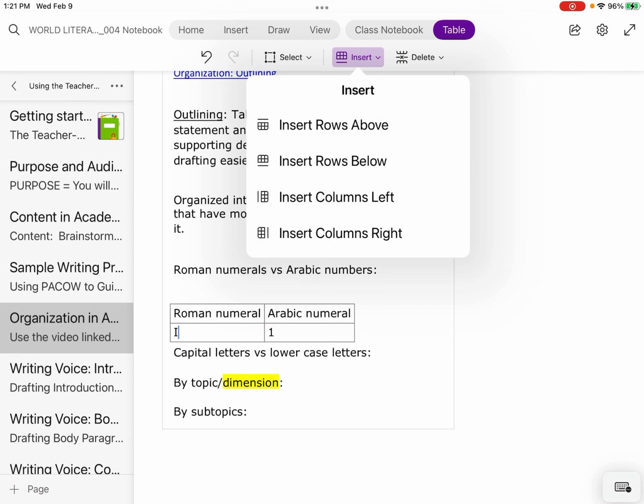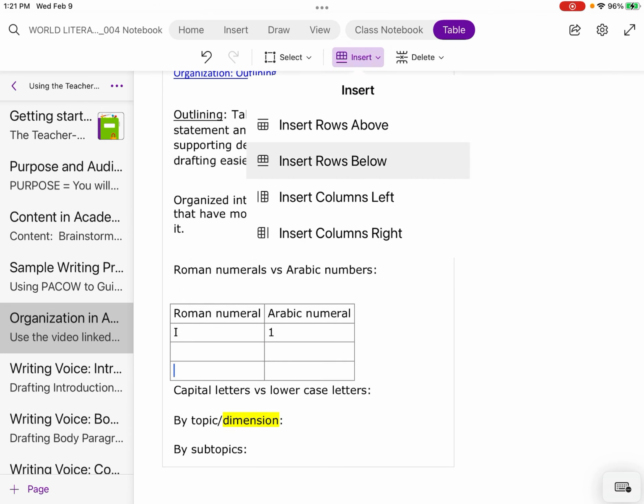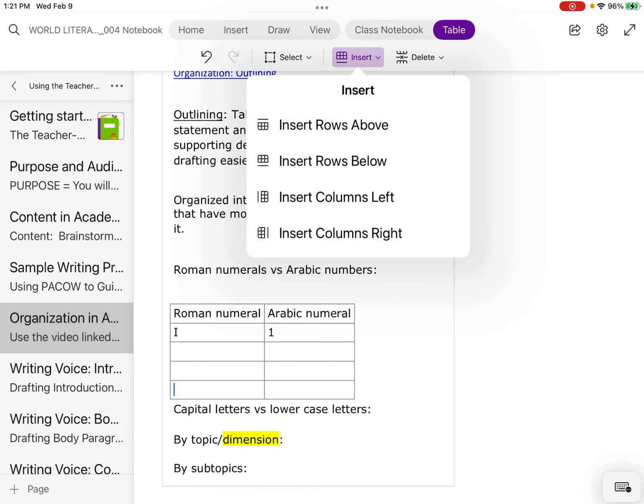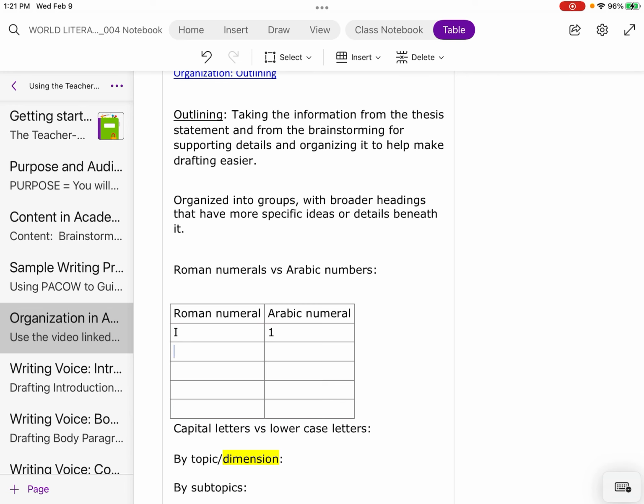Okay? I'm going to insert some more rows here so we can get you all the way up to 5. Okay? So if I want to make a 2 in a Roman numeral, it's 2 I's, but that would be comparable to a 2 in Arabic. Then we have 3. Then we have 4. Then we have 5. Okay?